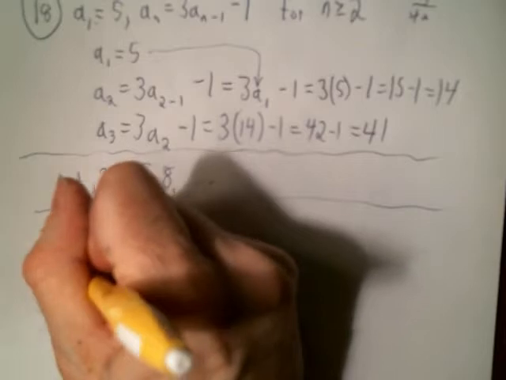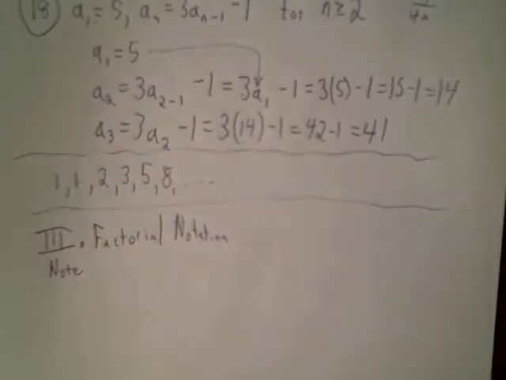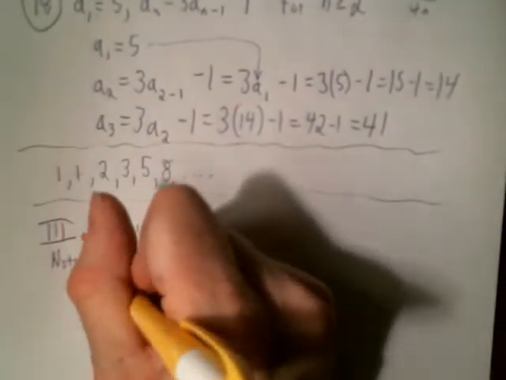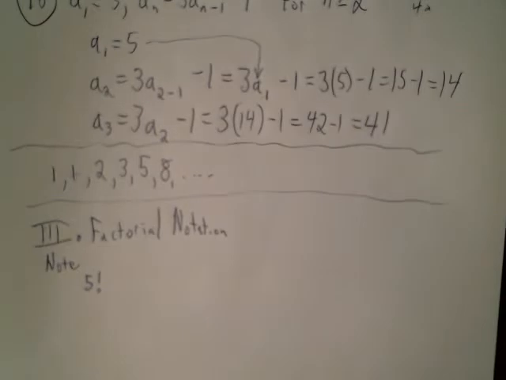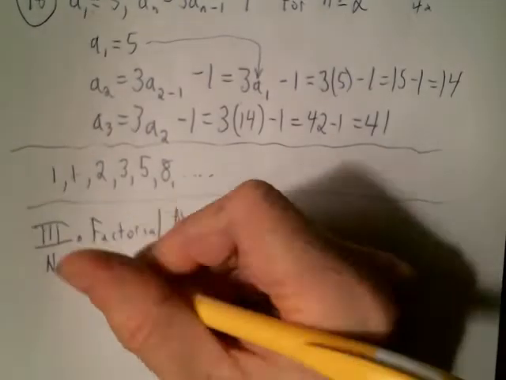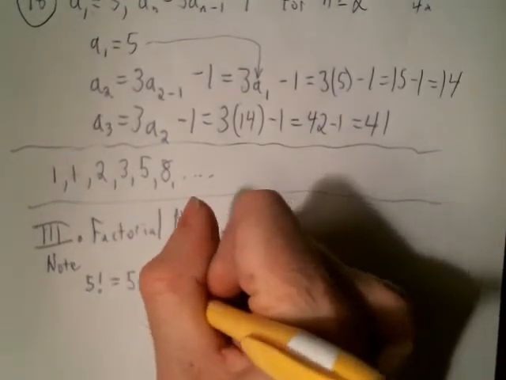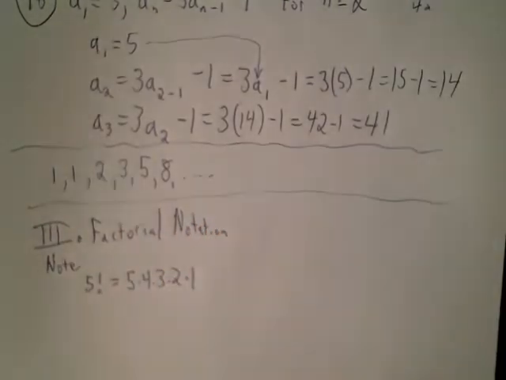It's just a way of writing something like 5 times 4 times 3 times 2 times 1. Okay? So instead of writing out that, you're going to write 5 and then put an exclamation mark there. So it's read 5 factorial is equal to 5 times 4 times 3 times 2 times 1.